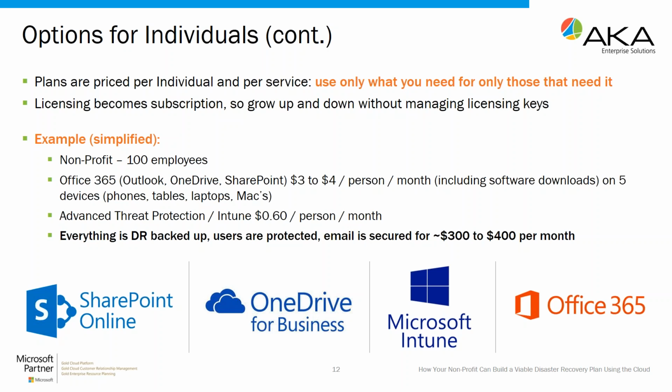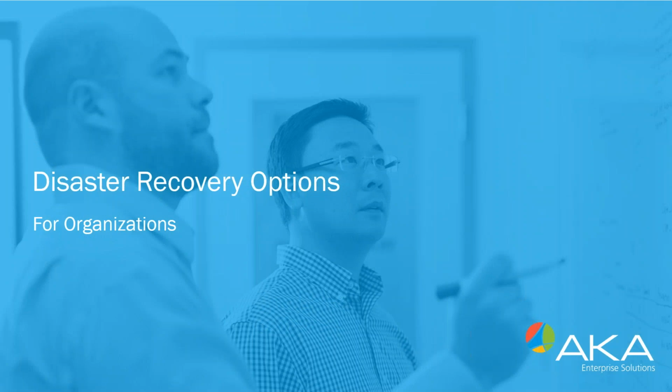For that simple type of solution, for about $300 to $400 per month, you've now mitigated almost all of the different disaster risks that you could for individuals, and we haven't even gotten into specific scenarios that maybe your nonprofit is specifically worried about. So that's an example of things that we can do for individuals.